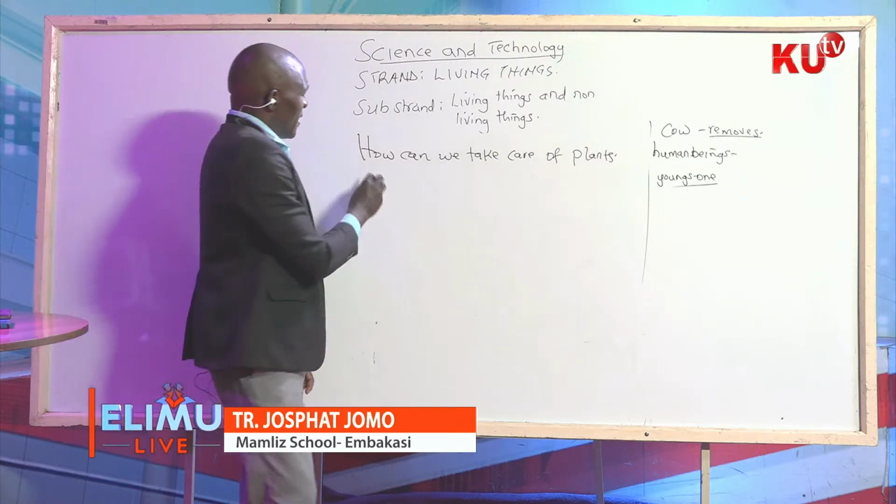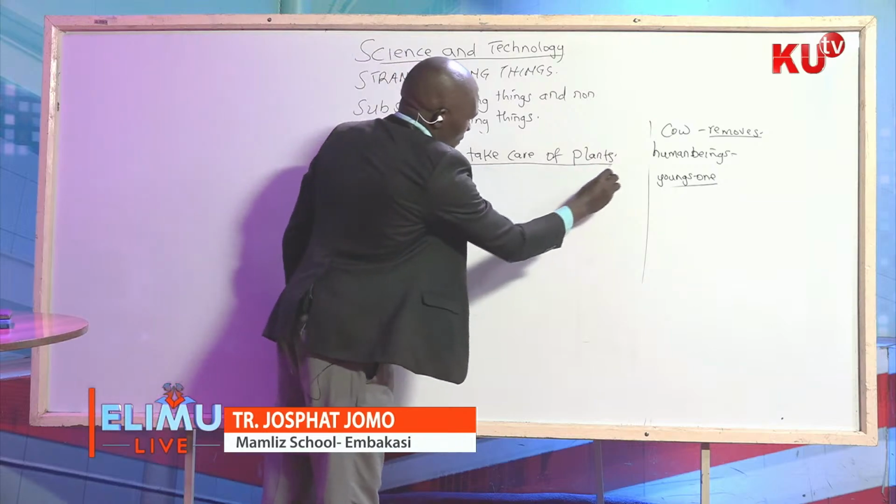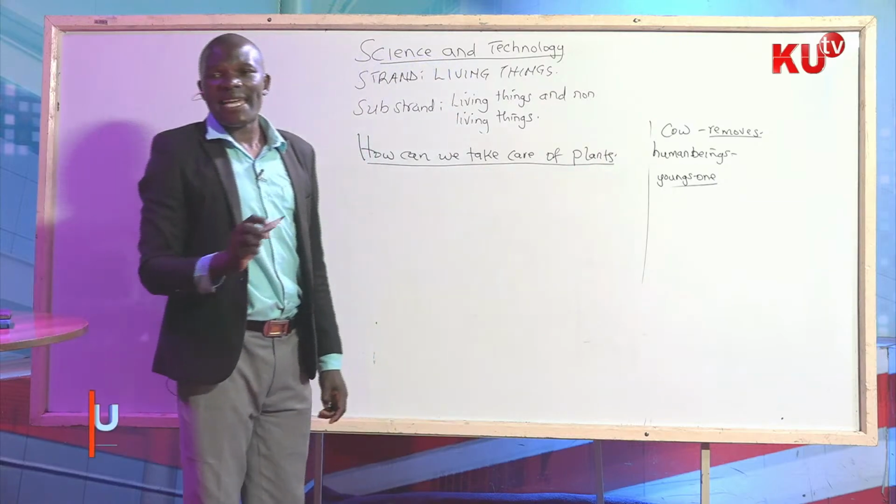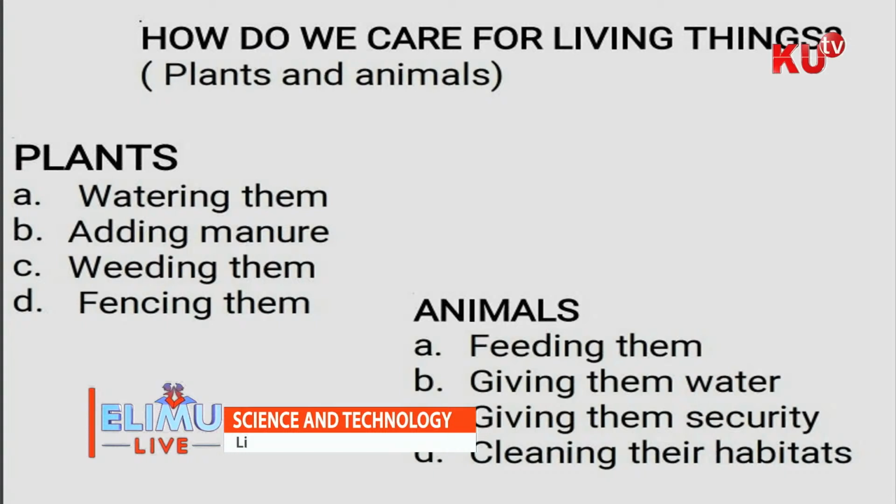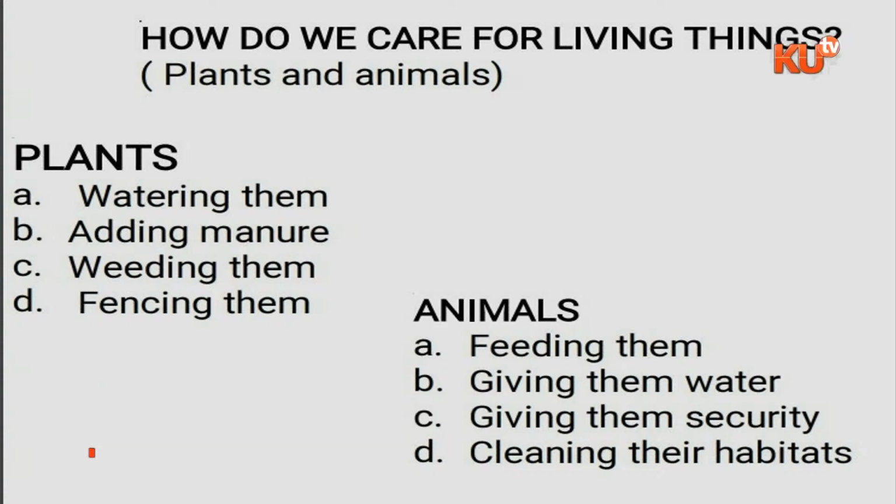Plants grow, but they need to be taken care of. Plants need special attention. For example, you need to water them. If you water your plant, it will grow healthy. Number two, you need to weed.